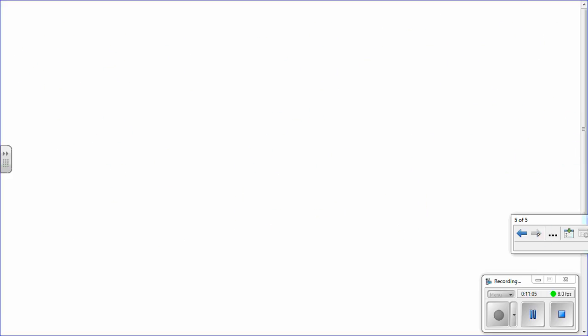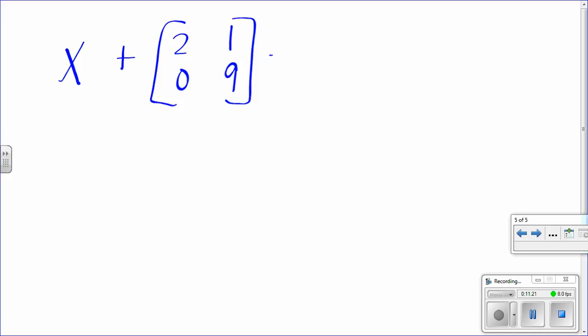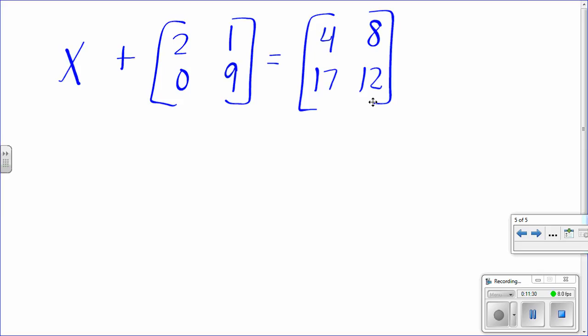Let's do an equation. It's really not that bad. There are a couple ways that you can look at a matrix equation. I could say, what would x have to equal?